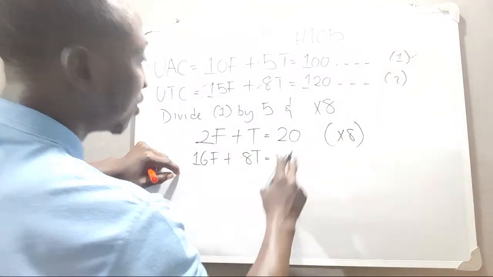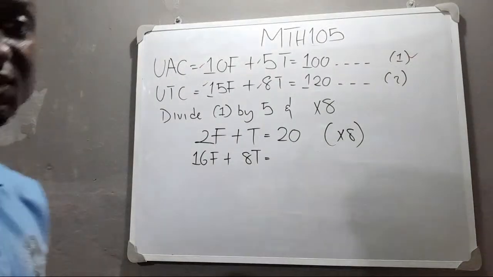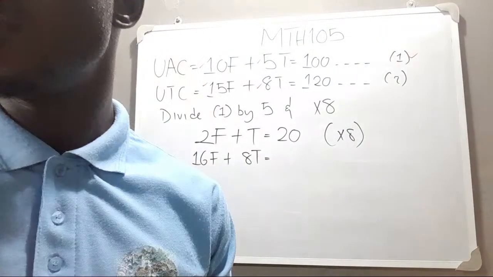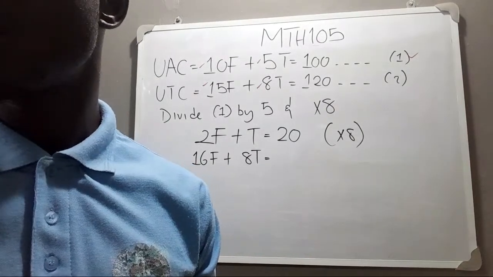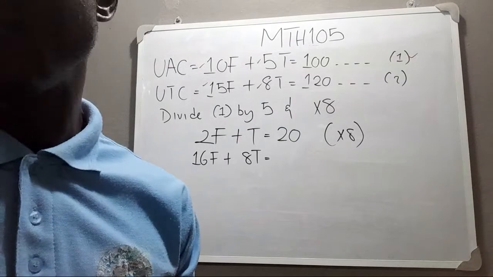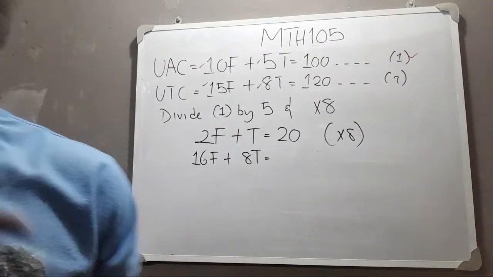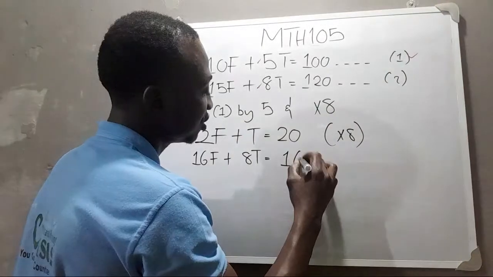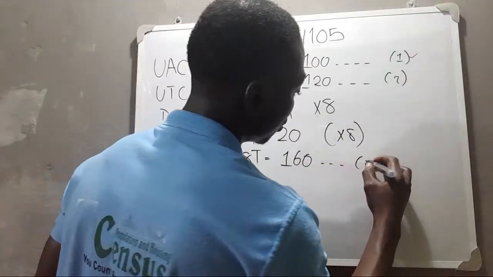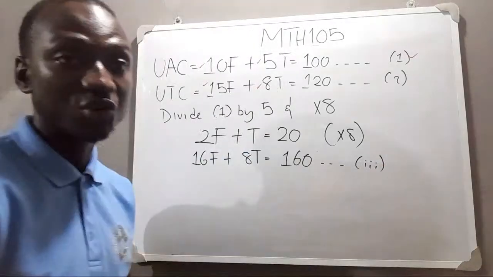This one should give us 140 if I'm not mistaken. 8 multiplied by 20 is 160, I beg your pardon. So 160. So we have our equation 3.